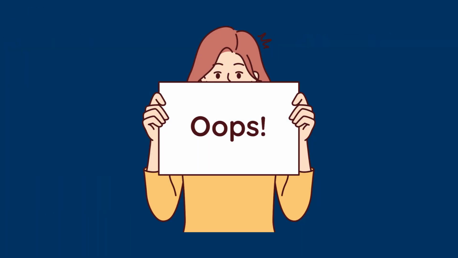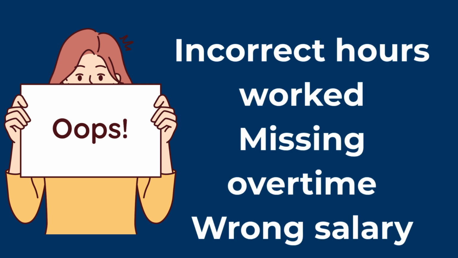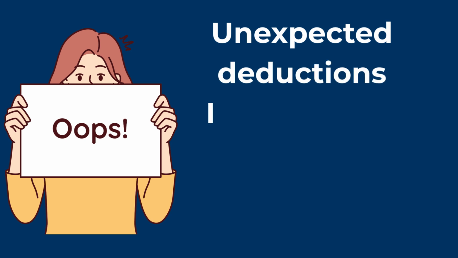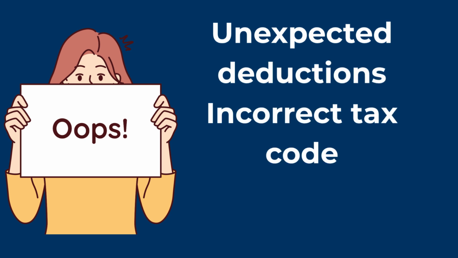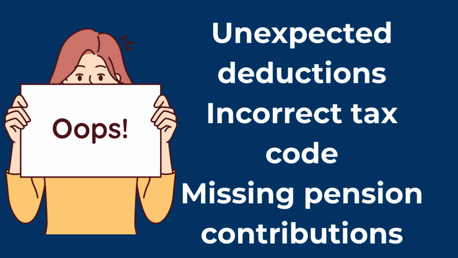Employees should always review their payslip. Things to check include incorrect hours worked, missed overtime, the wrong salary, unexpected deductions, an incorrect tax code, or missing pension contributions. If something doesn't look right, it's best to contact the payroll department as soon as possible.